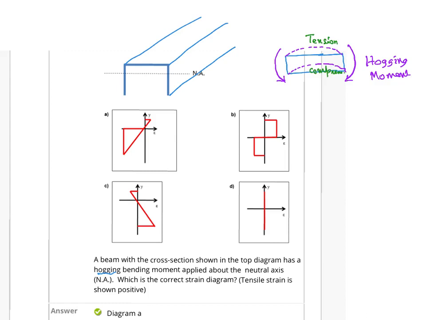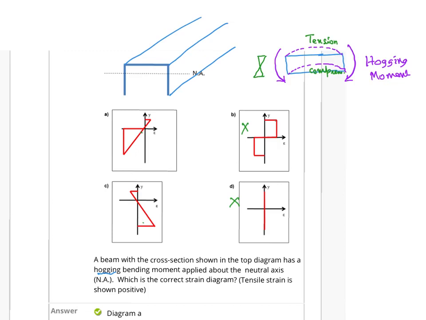Now the compressive stress and strain will always vary linearly. So it is not this one definitely, because it shows there is no strain in there, and this is also not possible because it shows a square distribution. So either this or this.